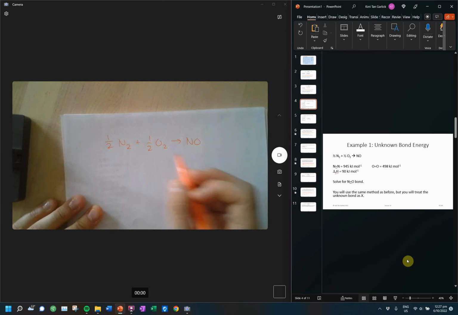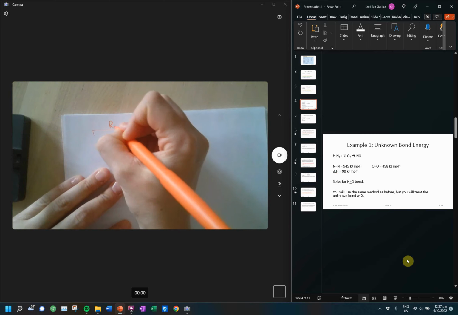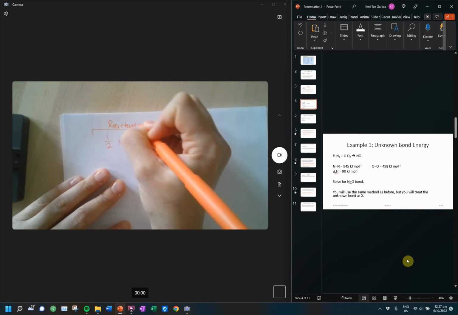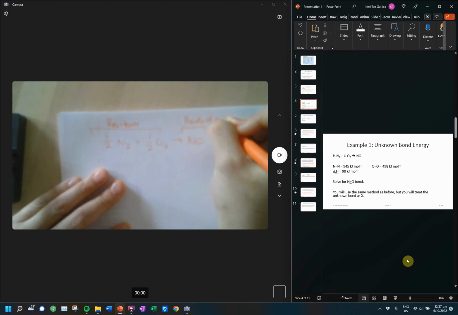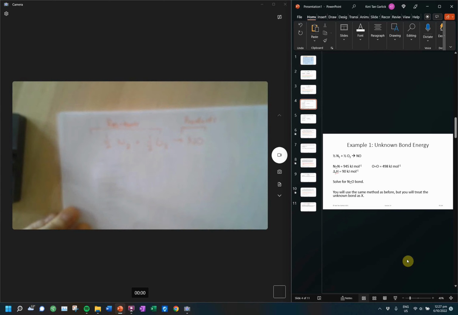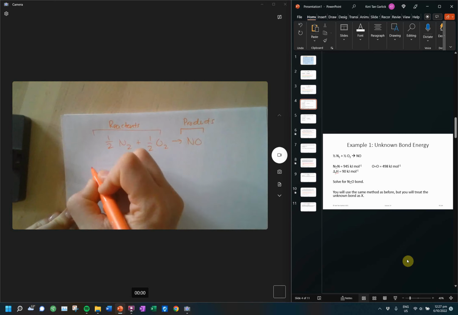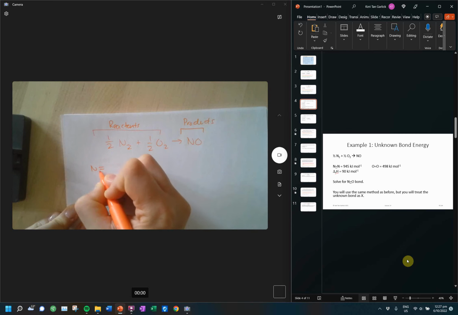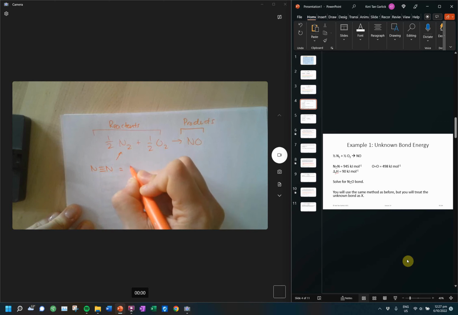They've given me all, let me do the labels again. So those are my reactants. These here are my products. And they've given me certain values. So what they have given me is the N triple bond N, which is that guy there, and they tell me that's 945.